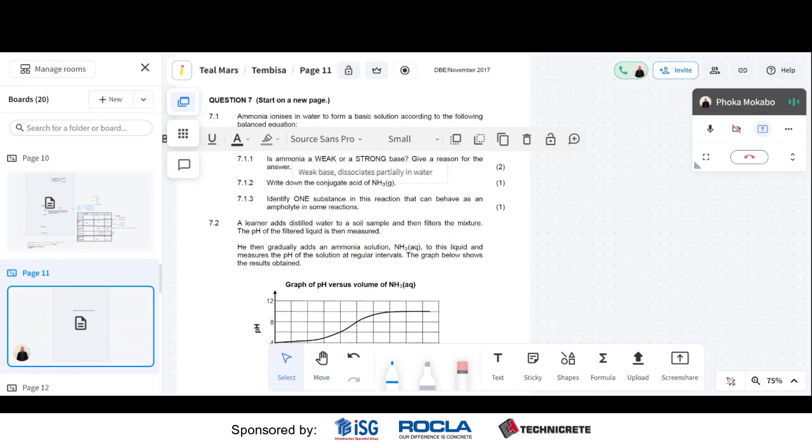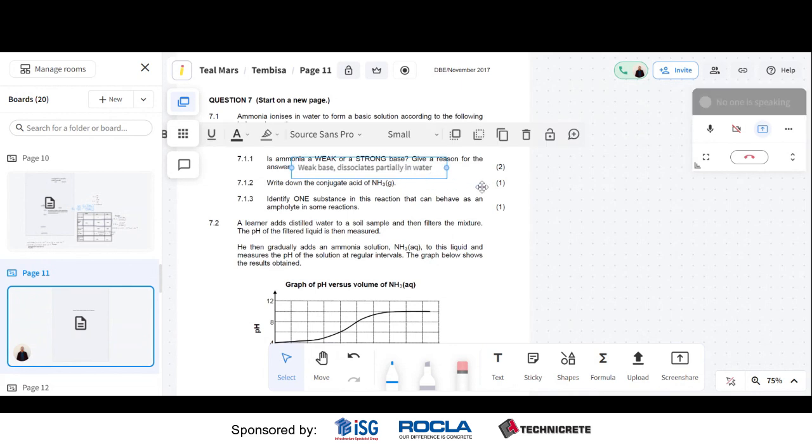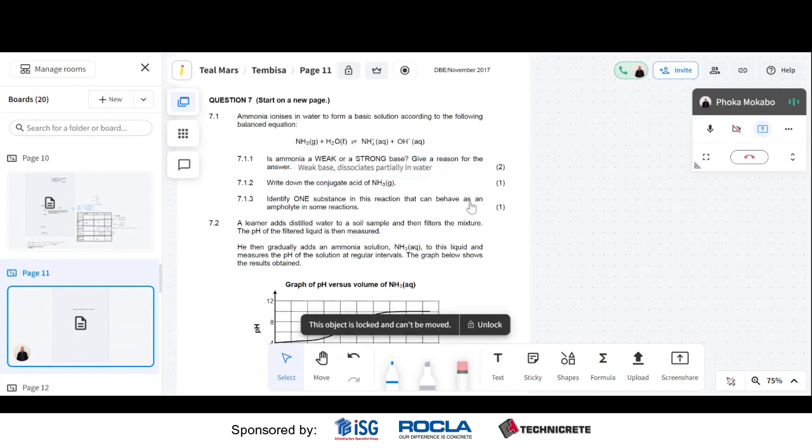Now, what do we mean by ionize and dissociate? Well, dissociate would be as you would expect from the English meaning of the word.